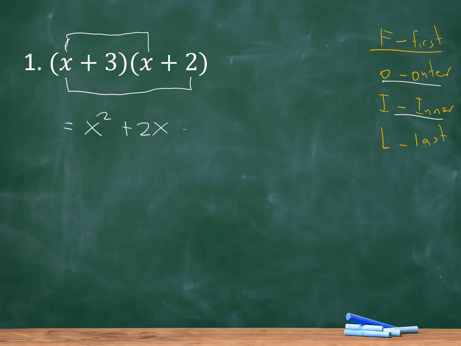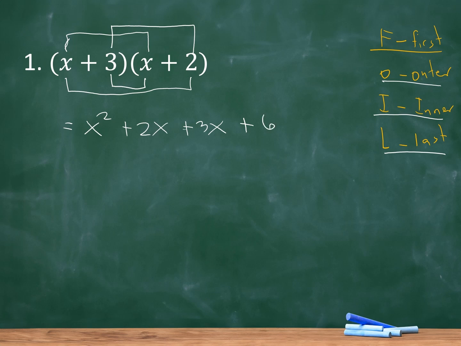Next, I means inner. So it's gonna be 3 and x. 3 times x will be positive 3x. And then L means last. It's gonna be 3 and 2. 3 times 2 is positive 6.